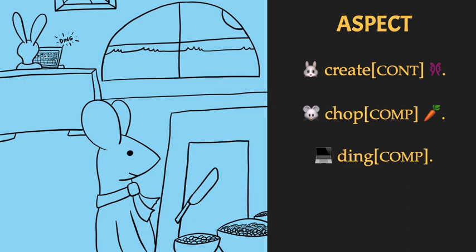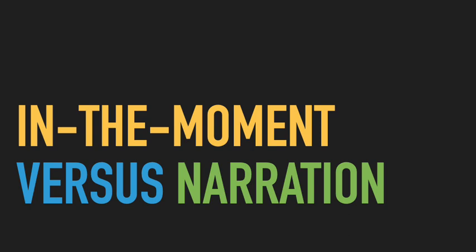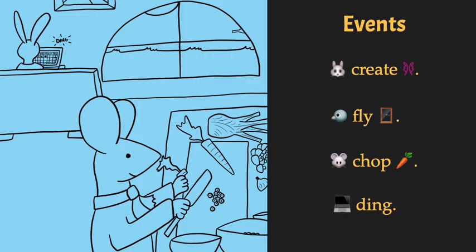And so speaking of that, that's actually a great lead-in to in the moment versus narration. In the moment means you're in the frame itself. The reason I had those text notifications going off was because I wanted to present the scenario that somebody texted D-Bunny and said, what's happening right now?